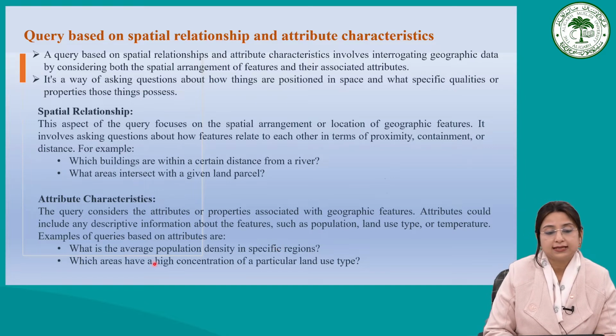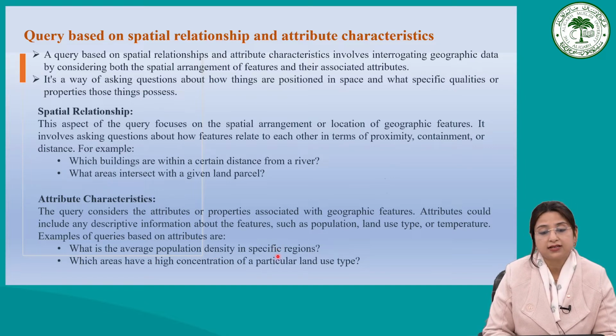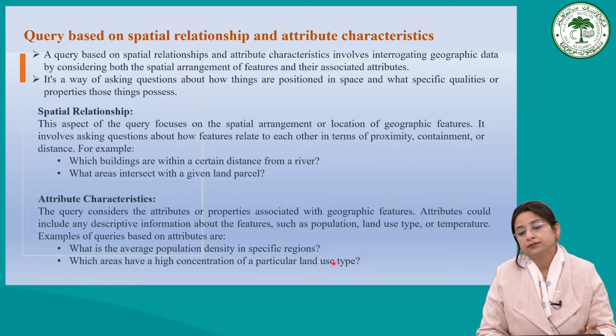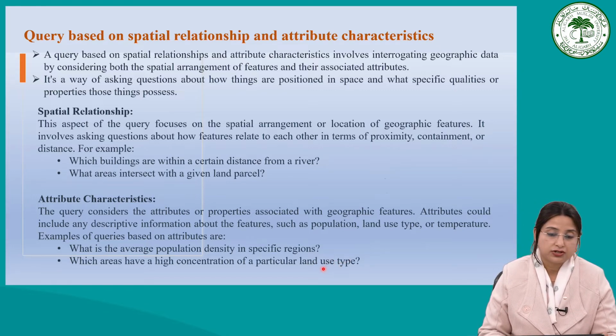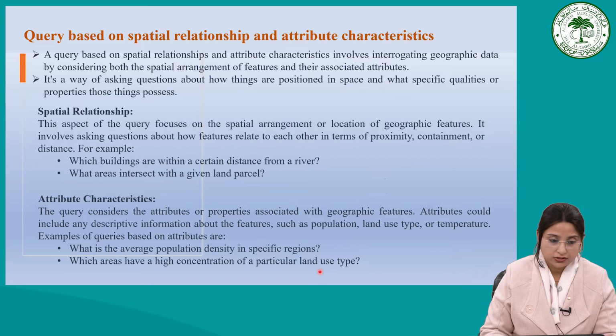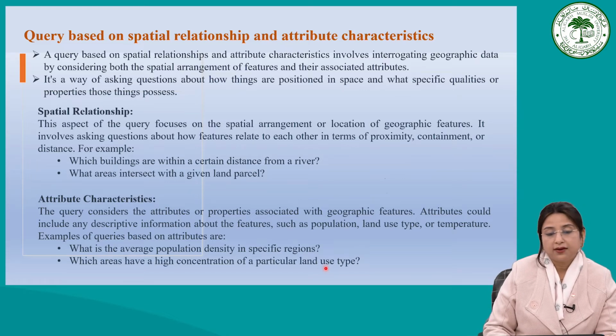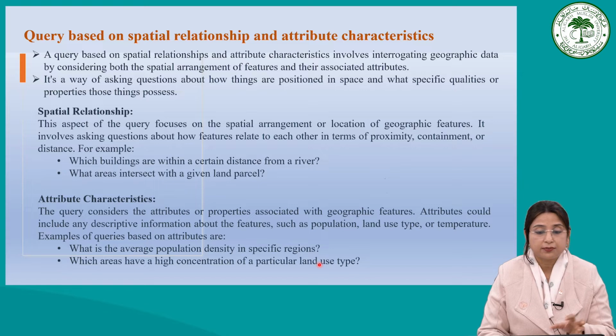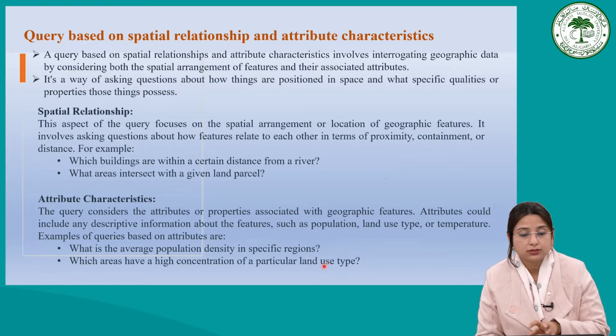We can take another example, which areas have a high concentration of a particular land use type. For example, the areas having concentration in wheat cultivation. Okay, fine. So we have to find wheat cultivation. So wheat cultivation is the attribute of a particular land use type.